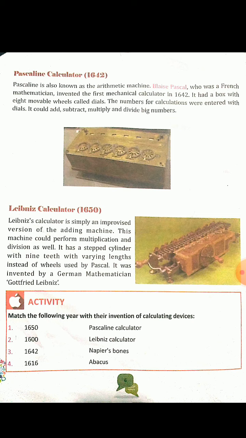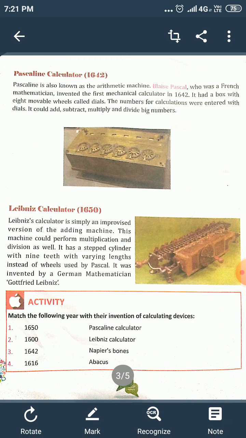The Pascaline is made up of 8 wheels and gears. These 8 movable wheels are called dials. Numbers were displayed by rotating the wheels. It was capable of performing addition and subtraction of big numbers.